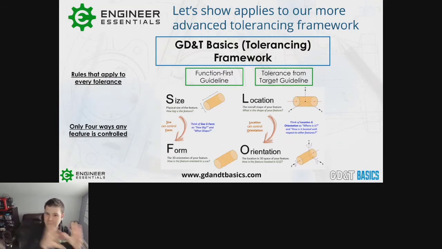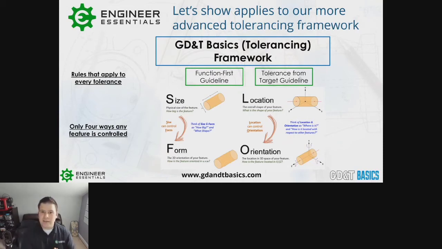Now, what we're giving, though, with the tolerance is how far from a perfect circle can we actually be with this feature that we have. Position is another one that I'm sure most of you have on your print somewhere. Some of you call it true position. The tolerancing symbol is called position. But we have what's called the true position, which is if we made this part exactly perfect, where would this hole be located on the part?